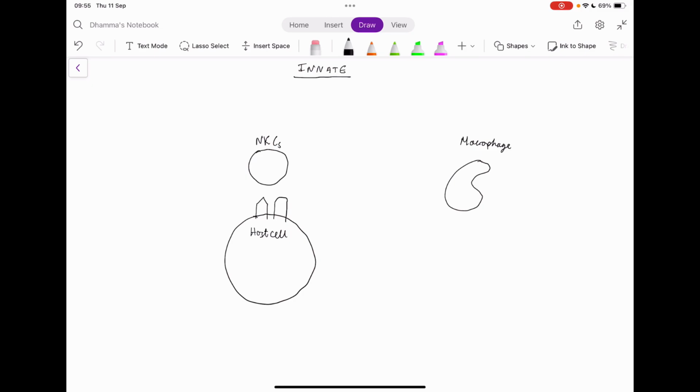Well, they're not really antigens, they're membrane proteins, but in infection, some of these might disappear. So this one was there, but now it's disappeared, and there might be some, like this one for example, if we make this the green one, that might be overexpressed.